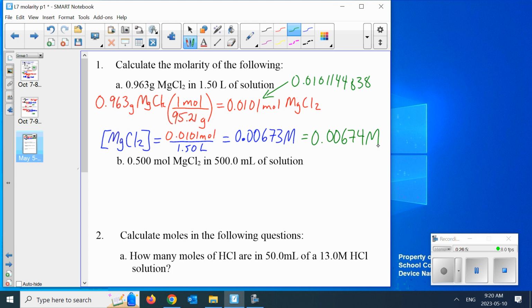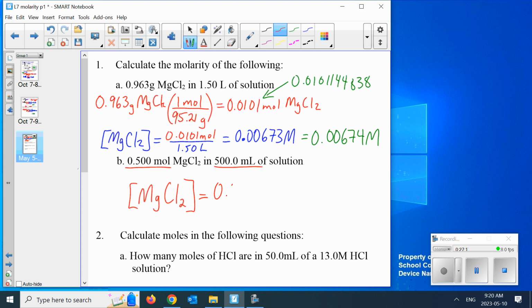Now the next one is a little bit easier because I already have the moles, and I've got to take the moles and divide by the liters. So this one's kind of easy. MgCl2 again, but we already have moles, so no need to do any conversion.